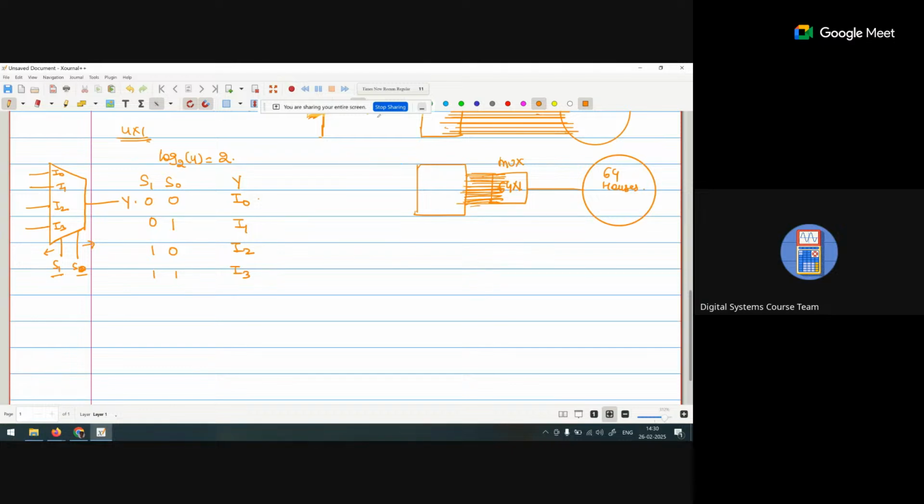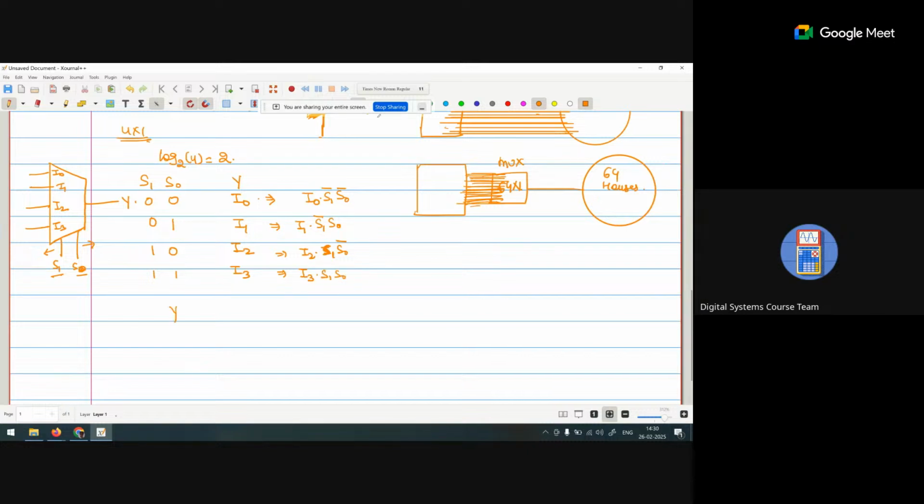Now if we write down the equation, it is I0 multiplied by S1 bar S0 bar, plus I1 multiplied by S1 bar S0, plus I2 multiplied by S1 S0 bar, plus I3 multiplied by S1 and S0.